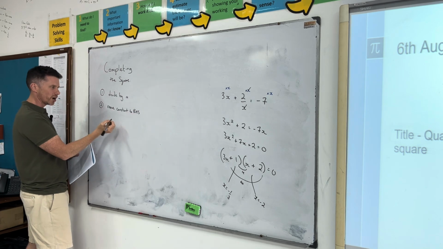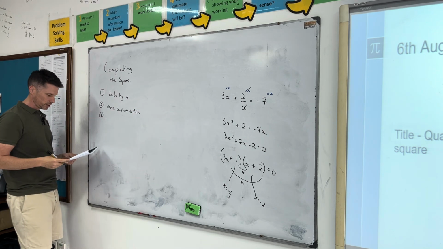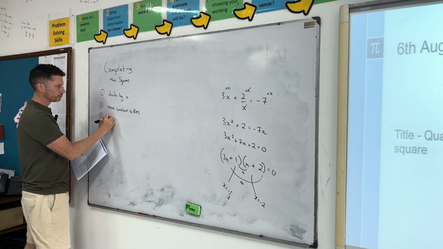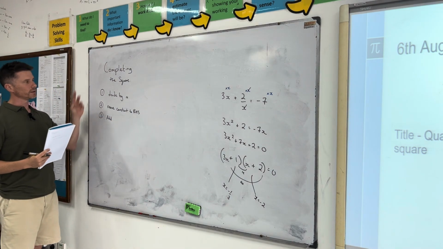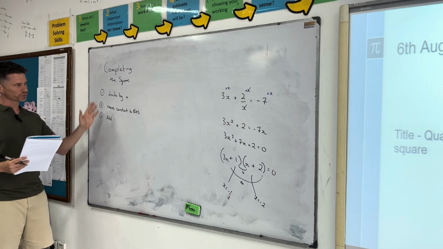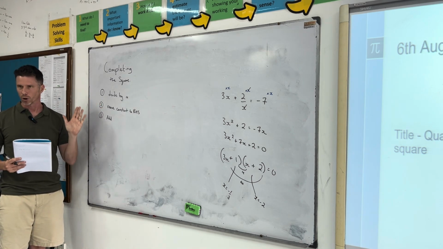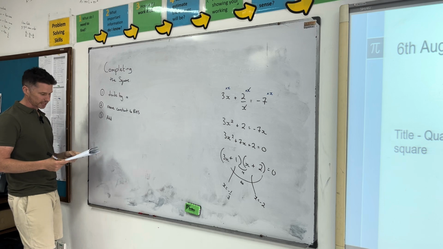Divide by a, move constant to the right-hand side. What do you mean by square? I'll explain what it means in a second. I'm just giving the steps, and then I'm going to do the example, and then it'll all come clear.